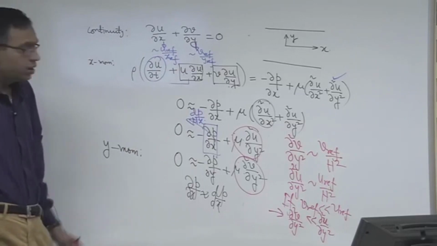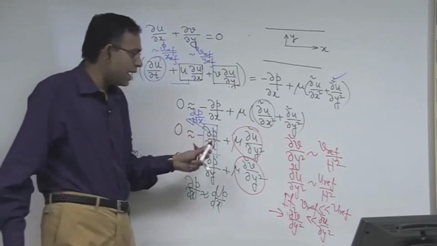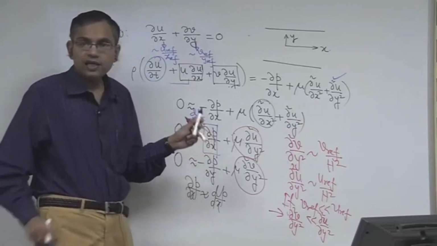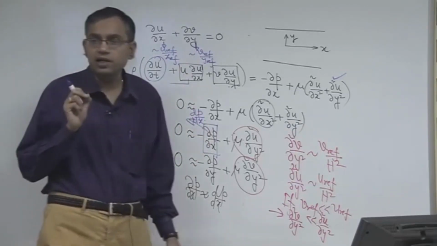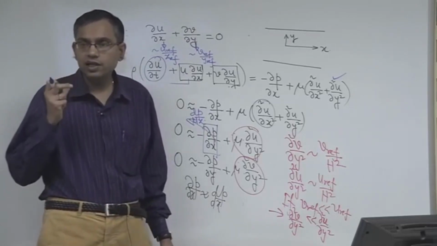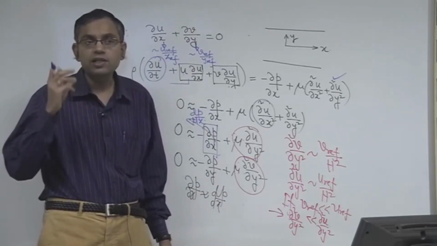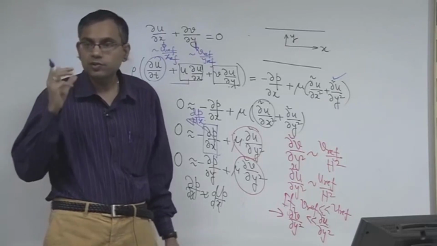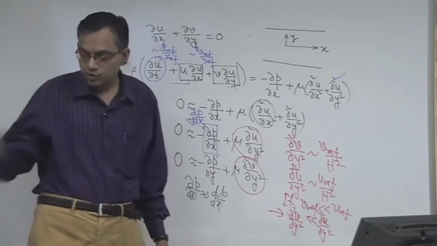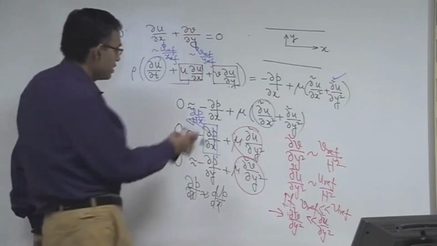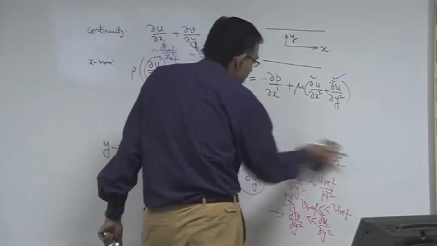So in low Reynolds number hydrodynamics we get an equation, if y reference is much less than x reference, which remarkably resembles fully developed flow. That is why we discussed fully developed flow to begin with. So now the question is, where is the similarity and where is the dissimilarity?